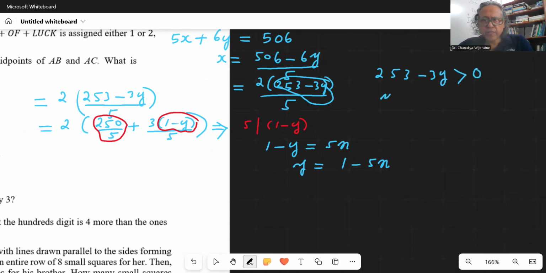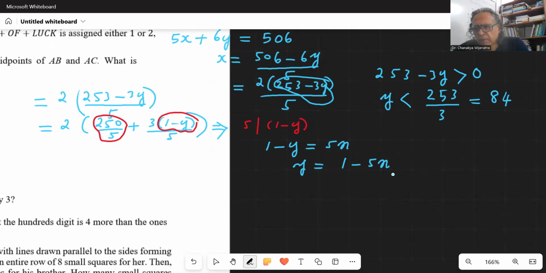That means y should be less than 253 over 3. 3 goes 8 times into 25, so that is 24 and the 1, and then 3 times 4.